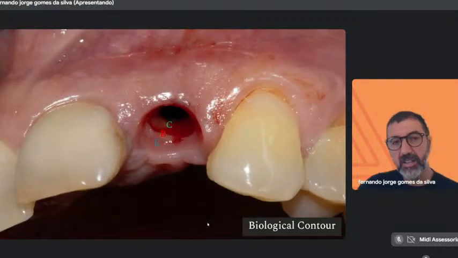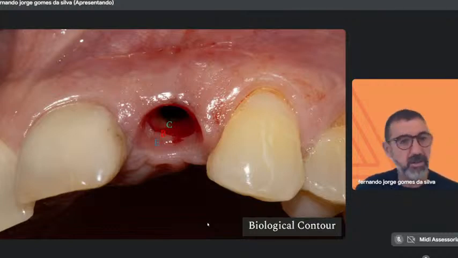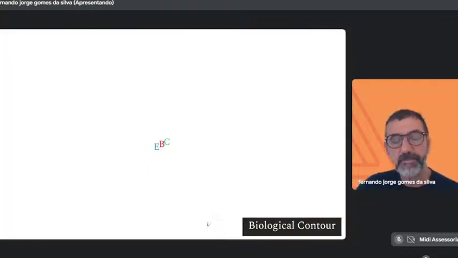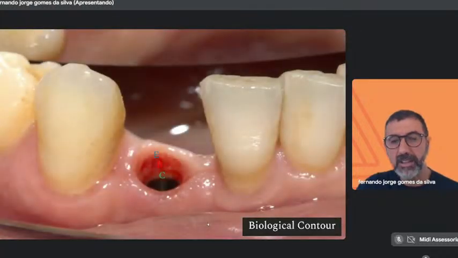This is another one, biological contour, CBE, with bleeding, very nice bleeding. This is not a sign of any kind of inflammation or else. I will explain further. And this case was the case I showed you before in the beginning.